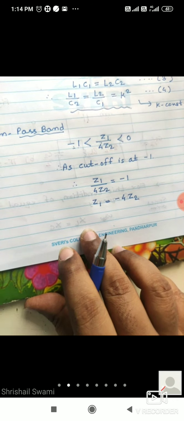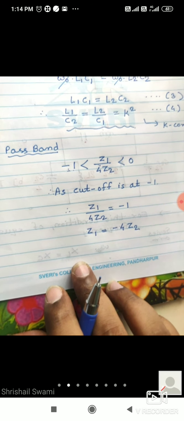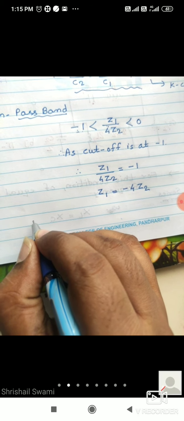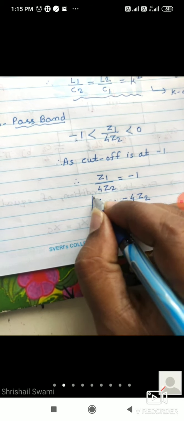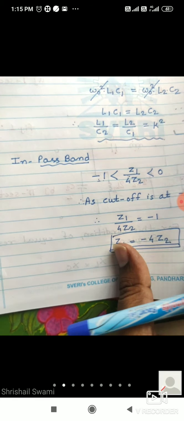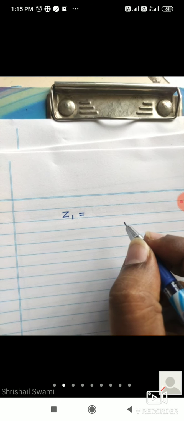Now if you are considering the product of Z1 and Z2, before this you can make it a box. So we can start with the product. How to find the product of Z1 and Z2? First of all, what is Z1? Z1 is nothing but the impedance in the series arm, and Z2 is the impedance in the shunt arm.